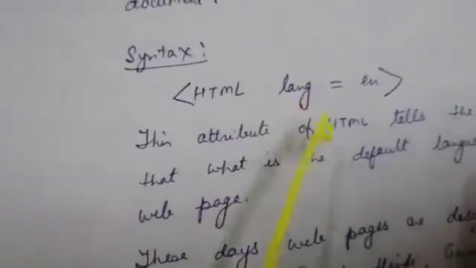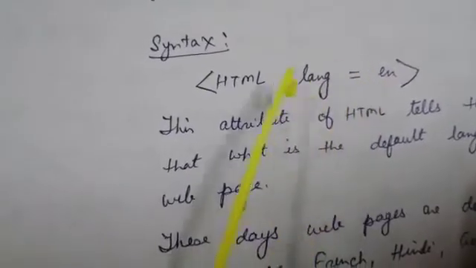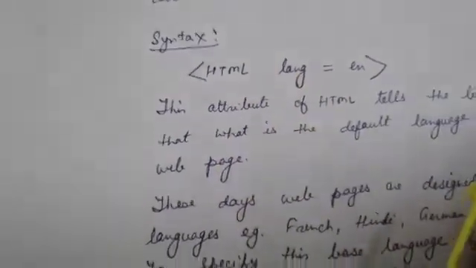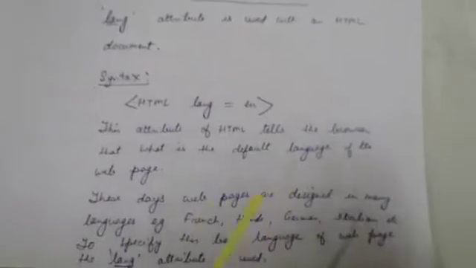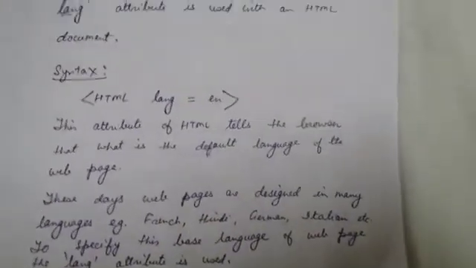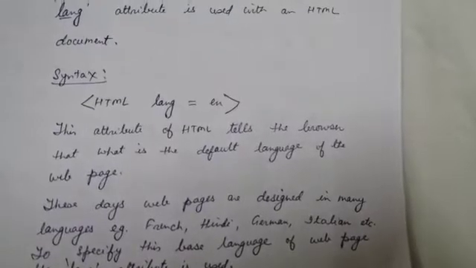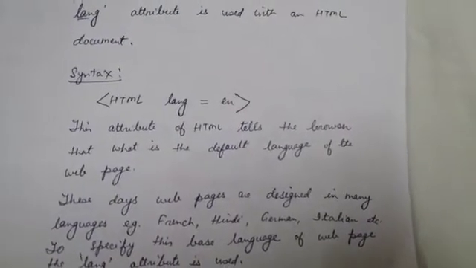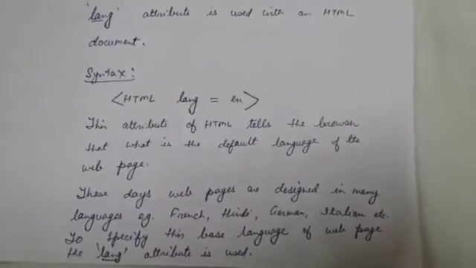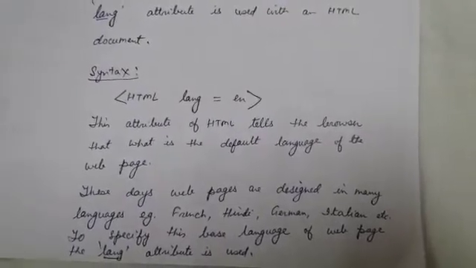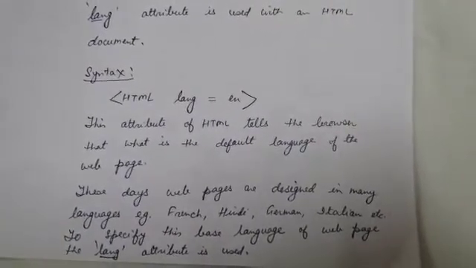So this is the main tag, this is the attribute, and this is the value of this attribute. So lang is language, which tells the browser the default language used by that page.